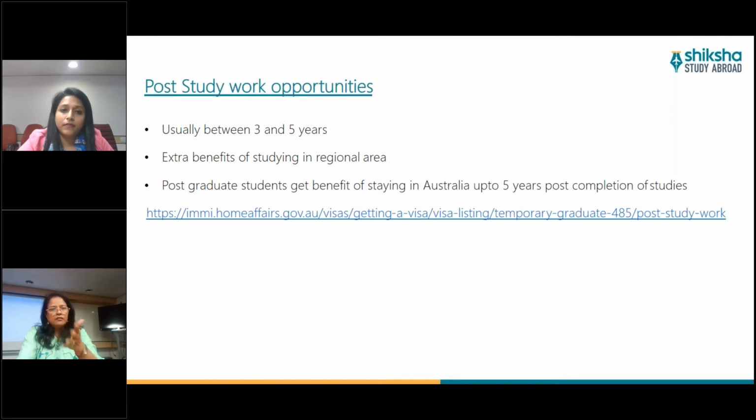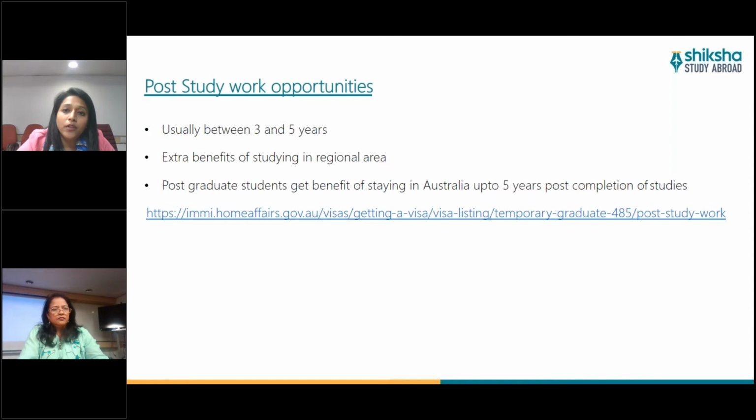And I'll leave this last one. Postgraduate students can get the benefit of staying in Australia up to 5 years after completion of their qualification. Earlier, before the borders opened up, students had the provision of applying for a post-study work visa in major cities like Melbourne, Sydney and Brisbane for up to 2 years.